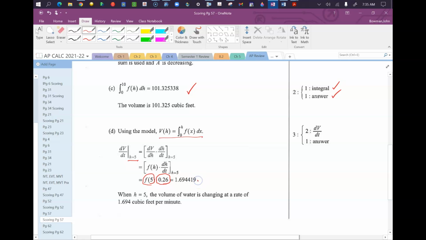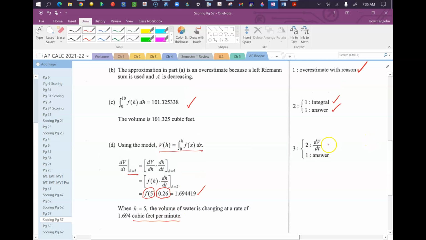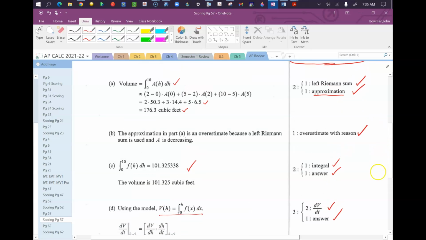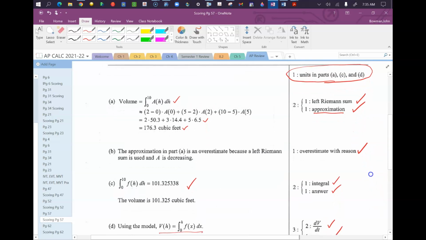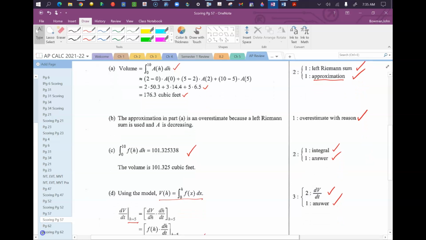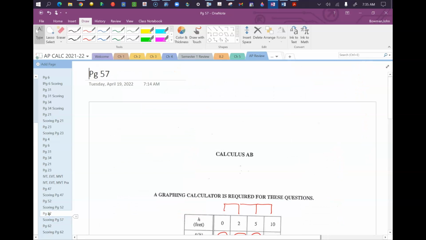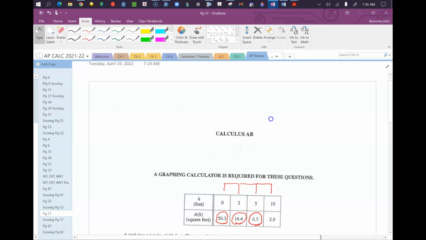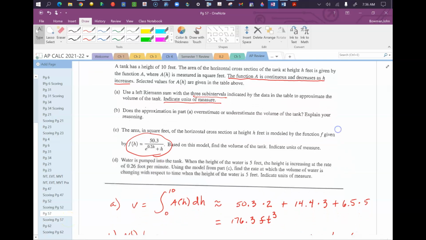We've got this number right here, and we should have units of cubic feet per minute. So 2 points for dV/dt, probably because it's 2 parts, chain rule sort of thing, and 1 point for the answer, and then also 1 point overall for units on that problem. And that is it for that problem.